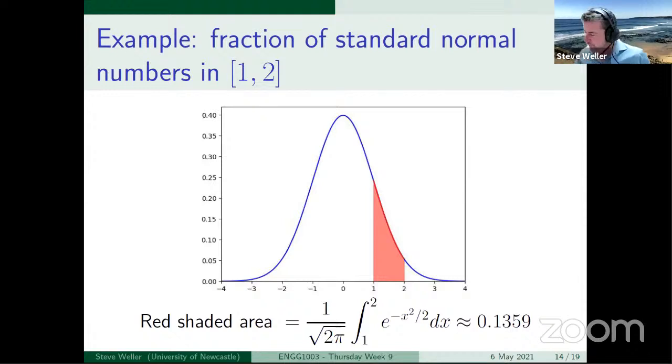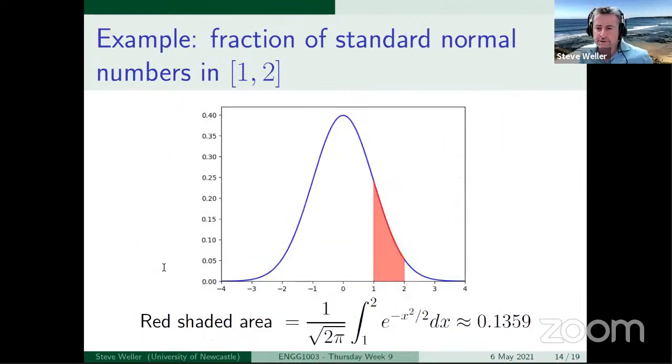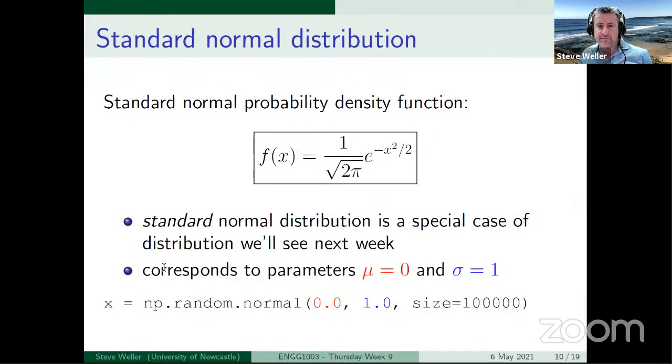The question is to compute the probability of the random number falling in the range 1 to 2. That's what this P stands for, it's probability. What's the probability when x is drawn from the standard normal distribution that the number falls in the range 1 to 2? What you see here on page 14, the blue curve, is no more than this standard normal PDF.